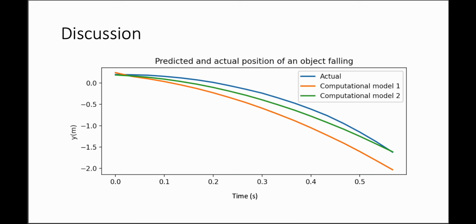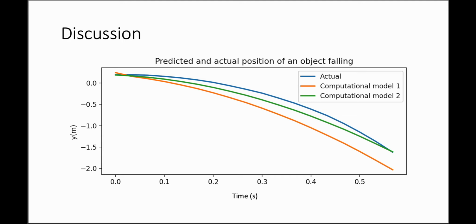So when I plotted out the results, we can see that the actual tracking of the object is shown in blue, the computational model 2, which included both the drag force and the gravitational force, is shown in green, and the computational model 1, which shows just the gravitational force, is in orange.